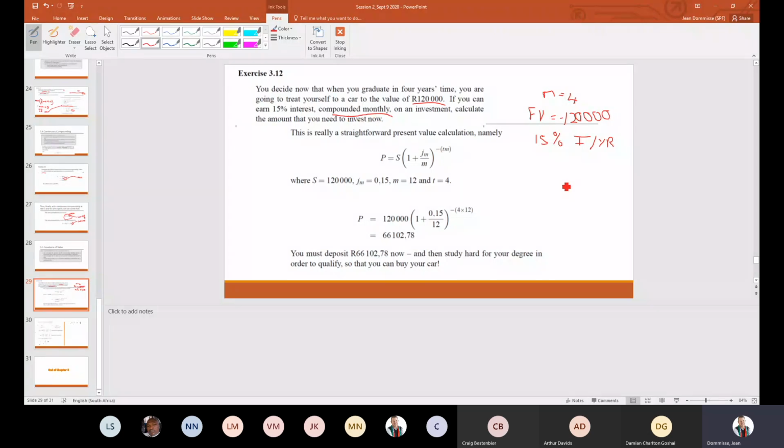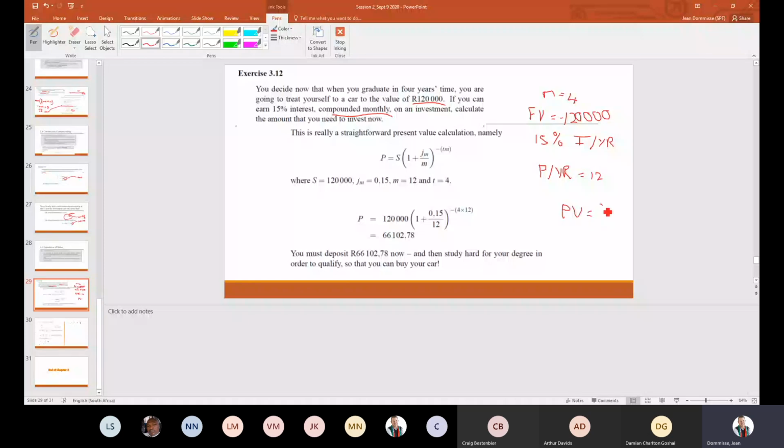Okay, so that's the first time that we now need to remember that this period they are referring to is monthly. So when we put it into the calculator, it's not once a year anymore, it's 12 times a year. So then what is your present value?